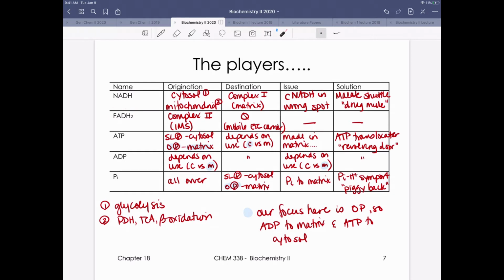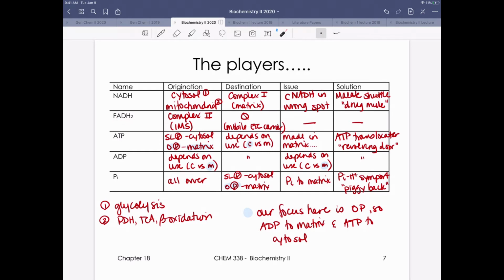FADH2 we learned about, interestingly, in our last chapter, because that is really delivering electrons directly to Q from complex 2. We talked about FADH2 being generated in the citric acid cycle directly by succinate dehydrogenase, which we said was complex 2.